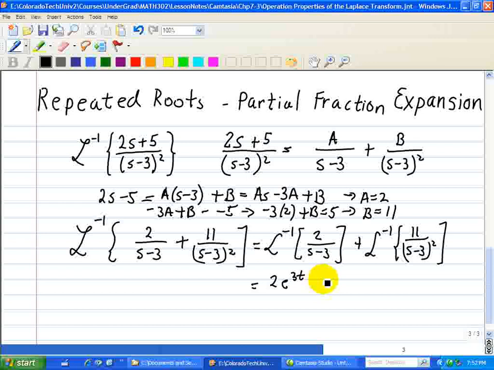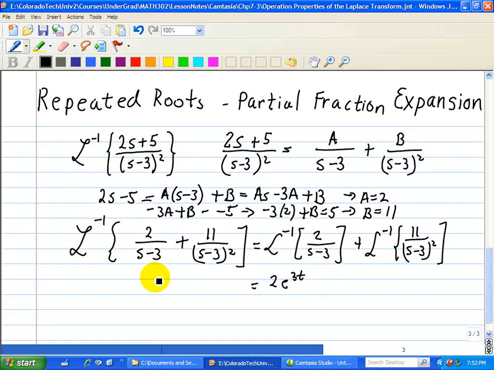For the second one, since it's like 1 over s squared with a translation, this is just plus t e to the 3t, and that's the inverse Laplace transform.